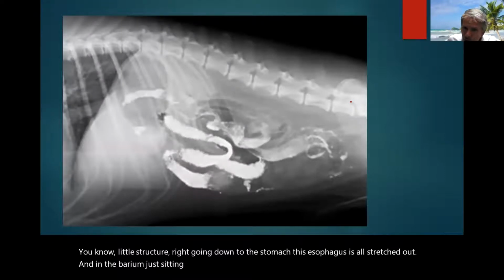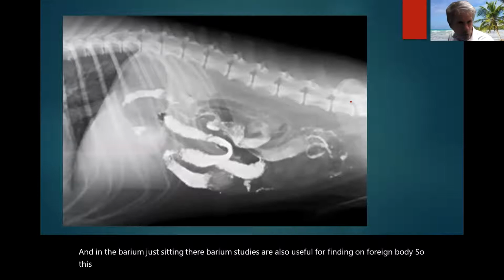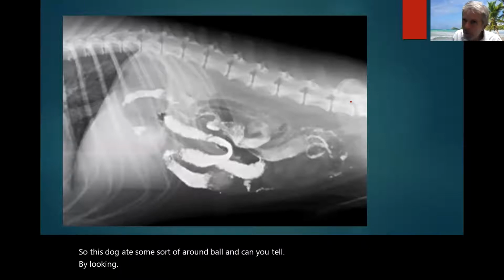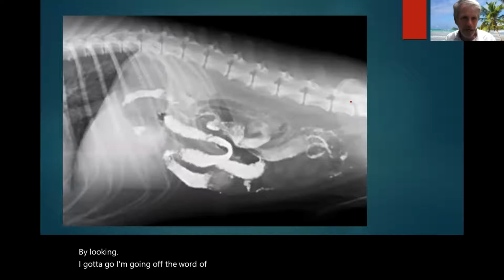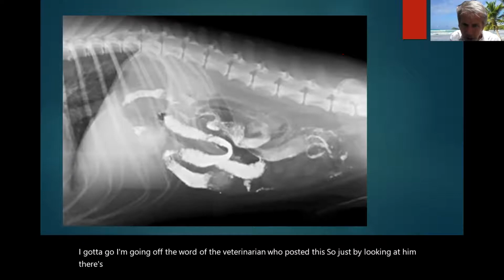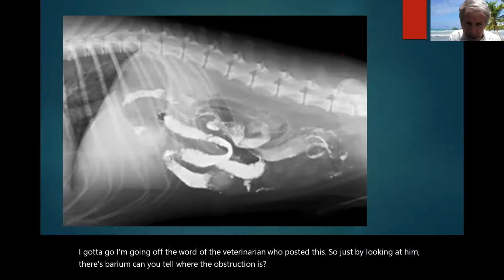Barium studies are also useful for finding foreign bodies. So this dog ate some sort of a round ball, and can you tell by looking? Again, I'm going off the word of the veterinarian who posted this. So just by looking at him, there's barium. Can you tell where the obstruction is? It's not a complete obstruction.